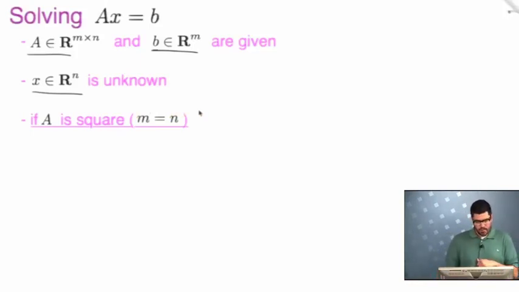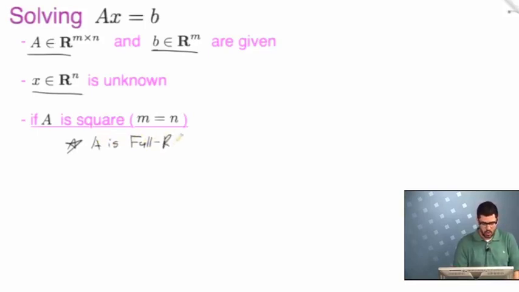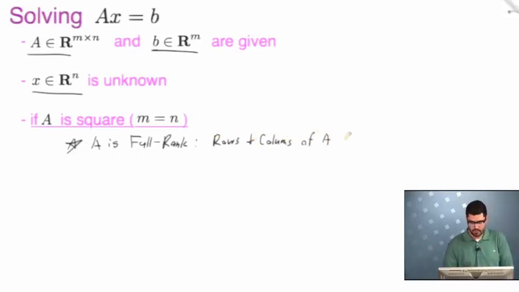Well, that one's an easy one in some sense. I'm going to make one assumption before I write the solution, which I'm sure you're already ahead of. I'm going to say that A is full rank. Okay. So what full rank means, without going into too much detail, is that the rows and columns of A are linearly independent.